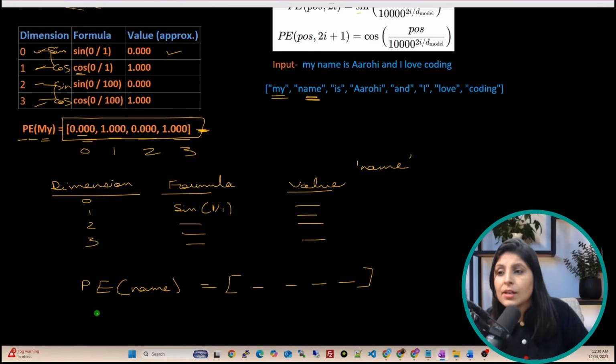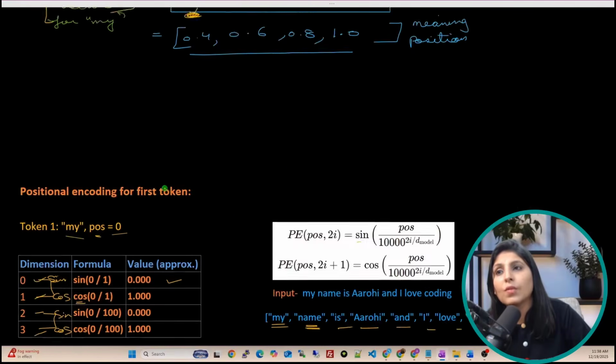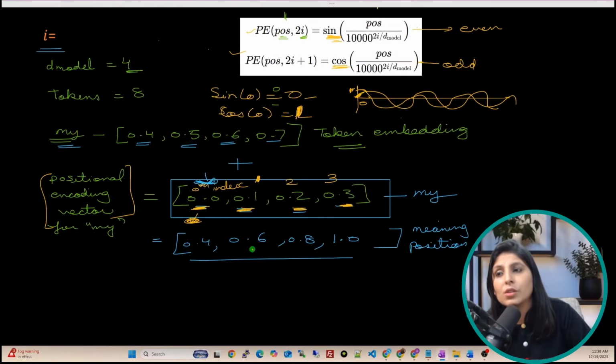So in the same way, guys, you will perform the same method for all the tokens. And I have told you, once you get the positional encoding vectors like this for all the tokens, what we are going to do, I have shown you the process over here, that you will add the token embedding of that token with the positional encoding vector of that token, and you will perform element-wise addition.